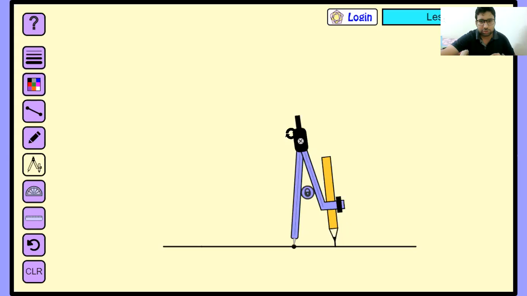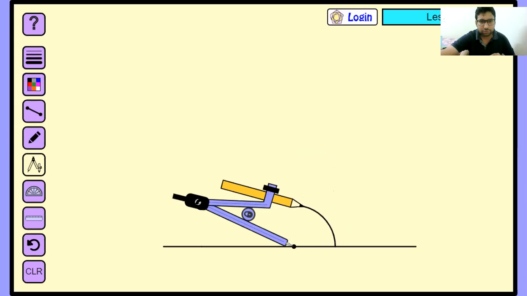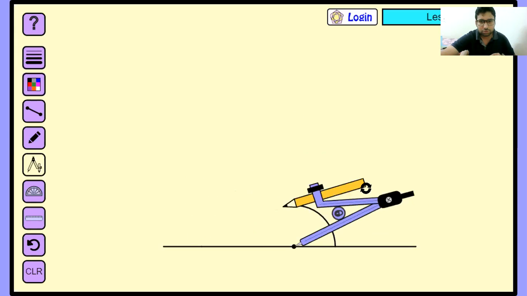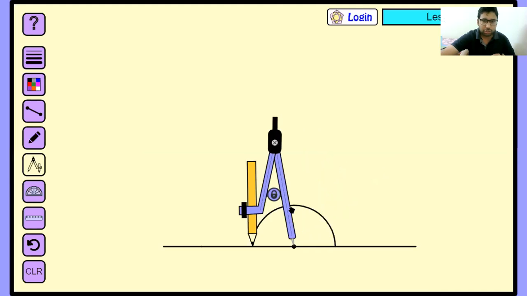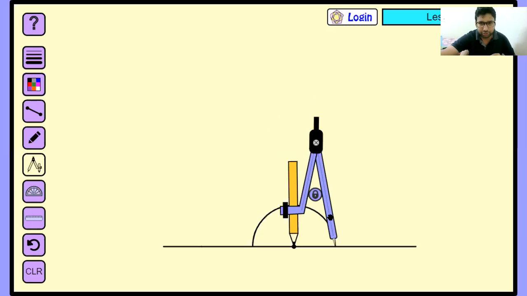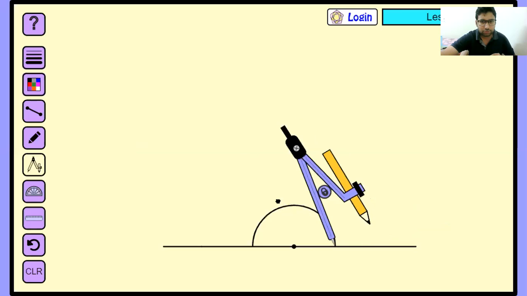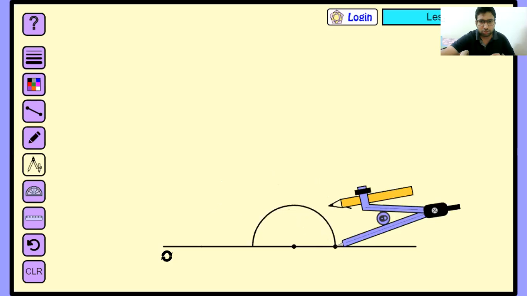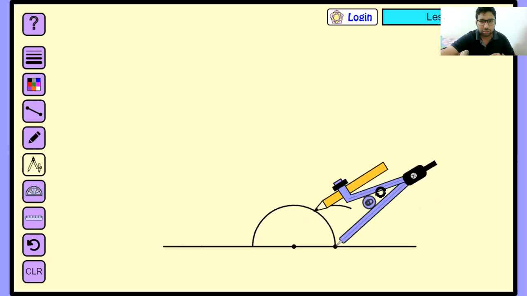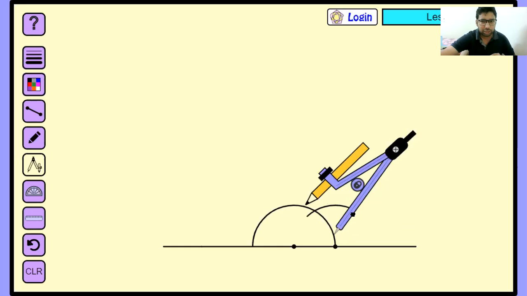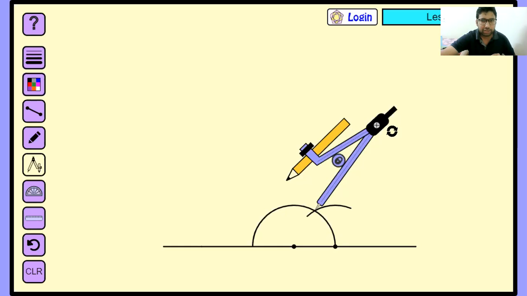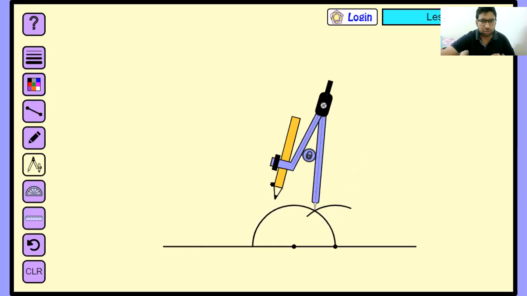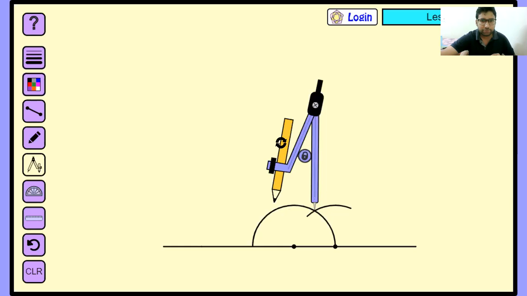Yes, sir. Okay. Now see, this is the arc. Now we will come to this point of 0 degree. From this point, we will take the first arc of 60 degree. Now keep the compass on this 60 degree angle. Take another arc of 120 degree.